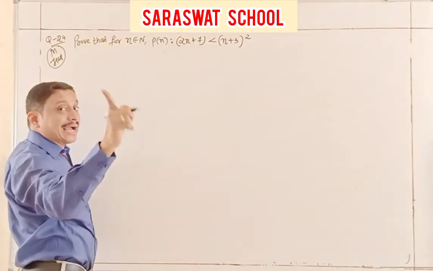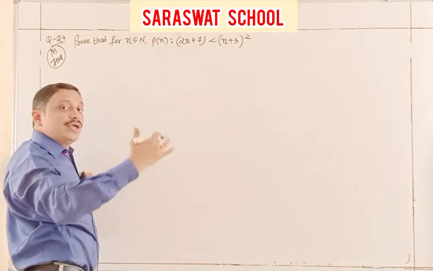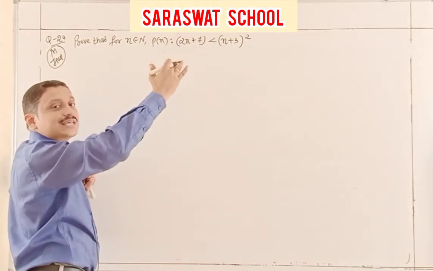Now I am going ahead. Don't write down LHS, RHS, only put the value on both sides.